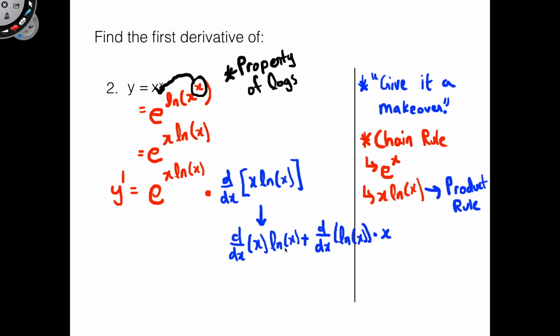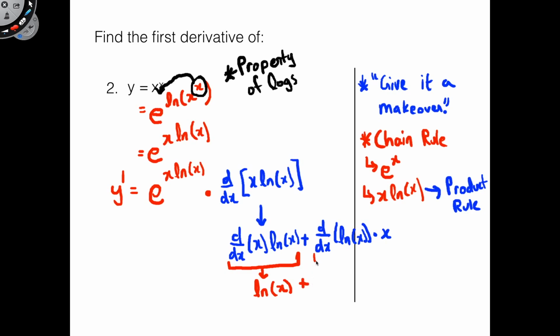So we've got the derivative of x times the natural log of x plus the derivative of natural log of x times x. This stuff is going to just come out to the natural log of x. That's just because the derivative of x is 1, and then that multiplied by natural log of x is just natural log of x.